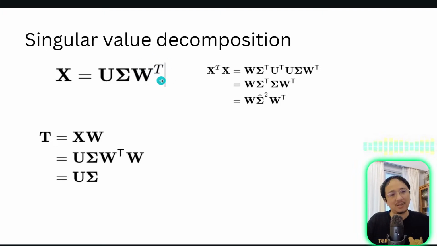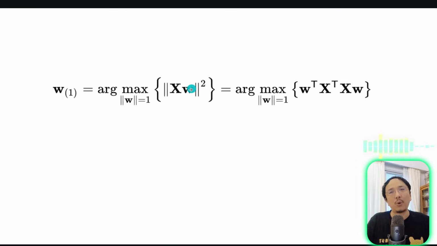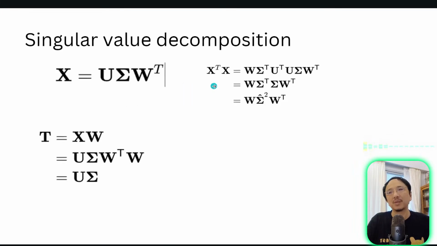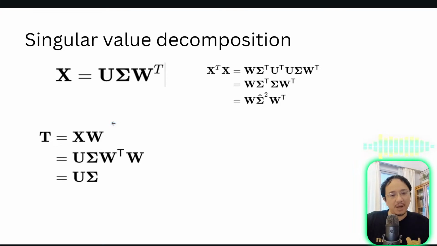This is the W we want. So the original feature is X, and we can do a linear mapping by using this W to get the T. And it is ordered by the importance of each component.